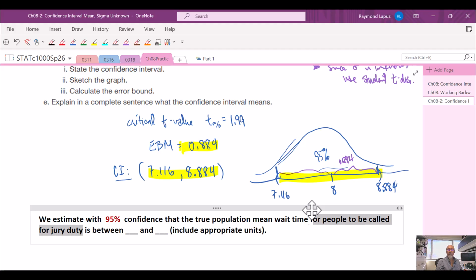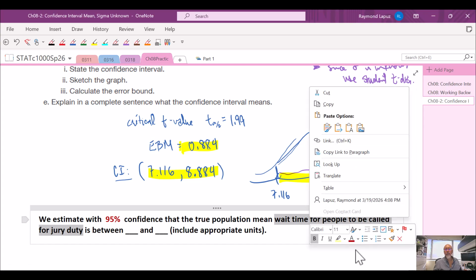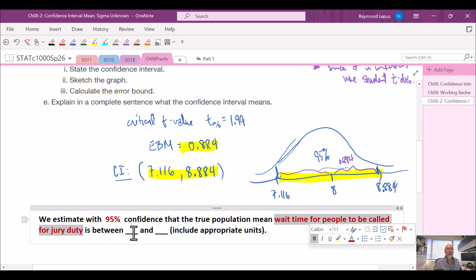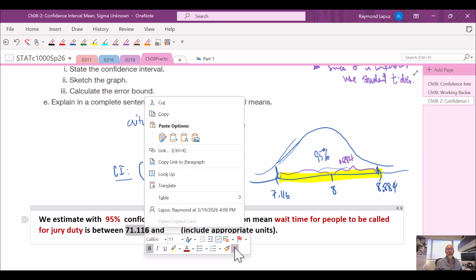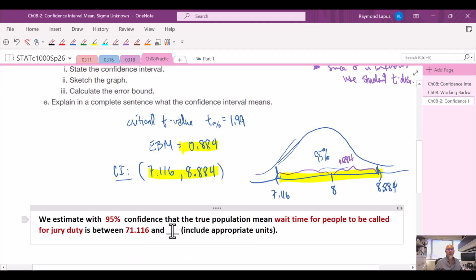And I'm going to go ahead and color that just so you know that that actually came from, that's the change. And then here is 7.116, and let's change the color, and 8.884.